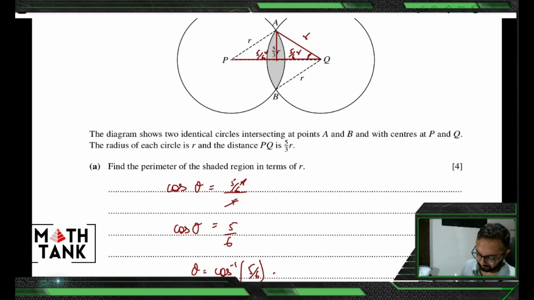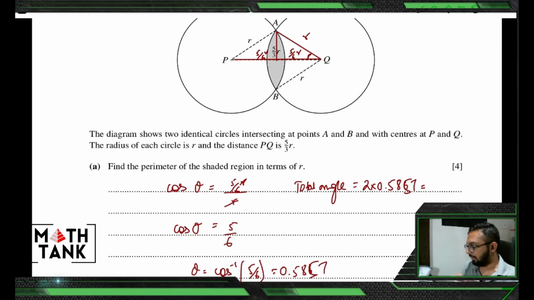That's 0.586. So I can then say that the total angle is going to be 2 times 0.586. In fact, I should take a more accurate 0.5857 so that we don't have a rounding off error. 2 into 0.5857, I get 1.1714.